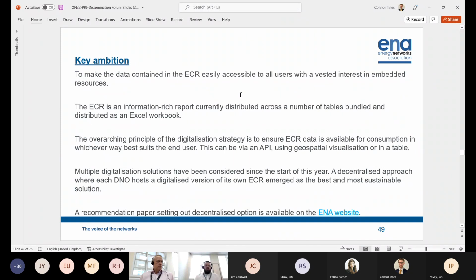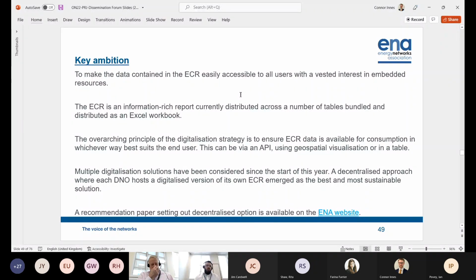So as Steve mentioned earlier, the key ambition of the digitalization of the ECR is to make sure that the data contained within the ECR can be accessible and used by all users with a vested interest, no matter what level of technology they have available, or tech-savvy skills.